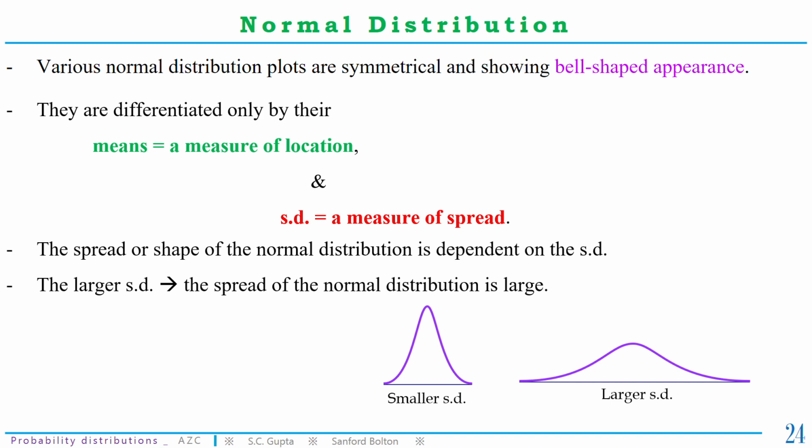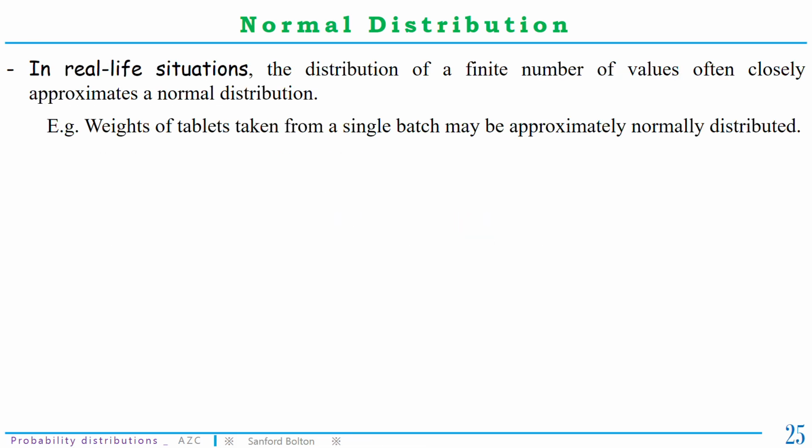The larger the standard deviation, the larger the spread of the normal distribution. In real-life situations, the distribution of a finite number of values often closely approximates a normal distribution. For example, weights of tablets taken from a single batch may be approximately normally distributed.